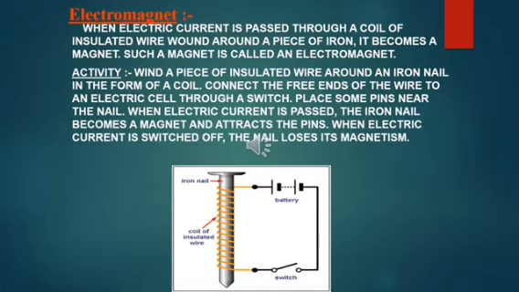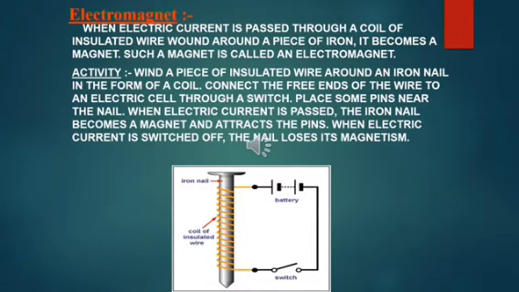What is the meaning of an electromagnet? An electromagnet is an artificial magnet which produces a magnetic field around a conductor due to the passage of electric current through it.